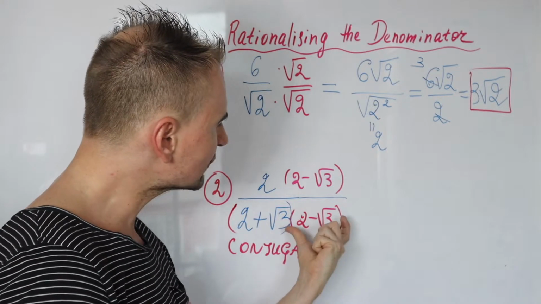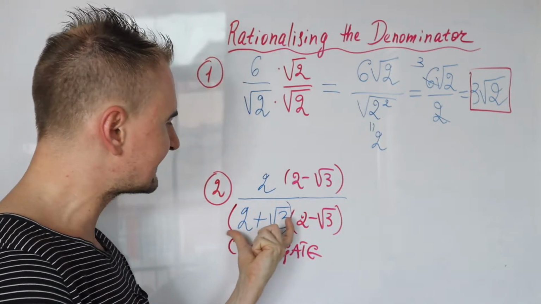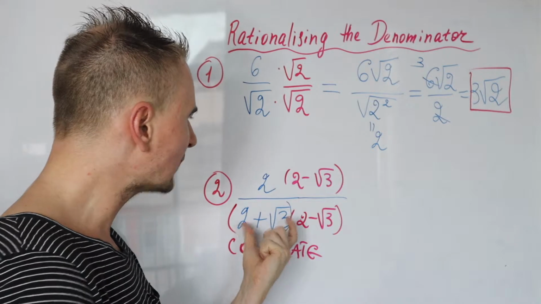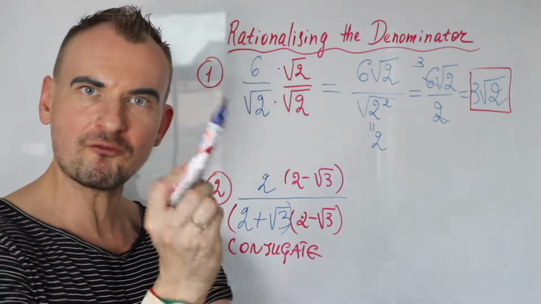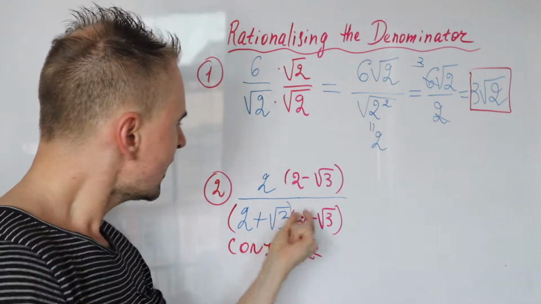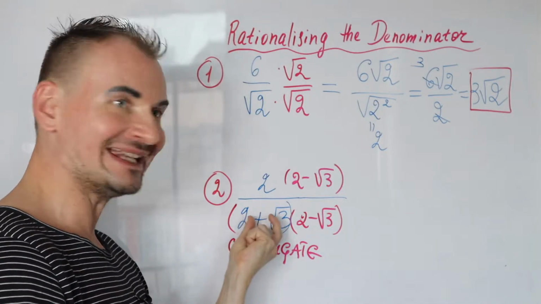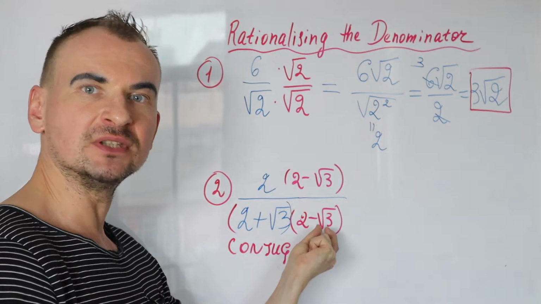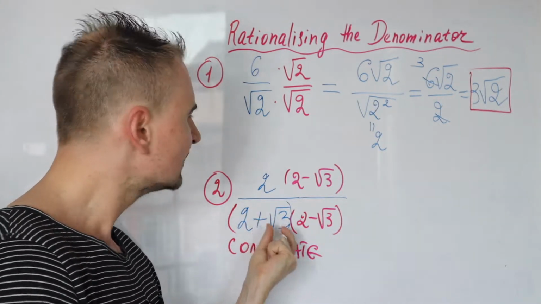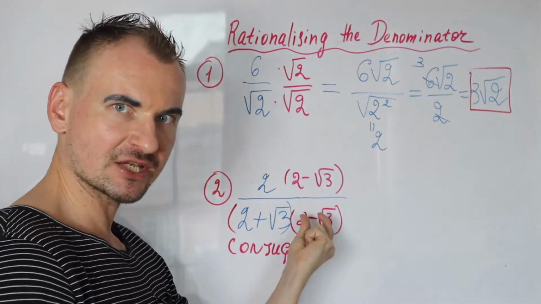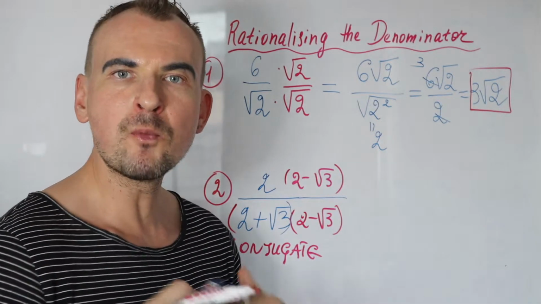So again, the conjugate expression is basically the same as your bottom, but the middle sign is flipped, switched. So if it were negative here, minus, you would write plus between. In our problem, we have plus, so we wrote minus.